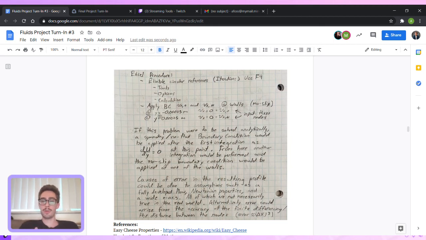And these are both the nodes at the walls, for which we can use the no-slip boundary conditions. So these velocities are 0, and these can be manually inputted.